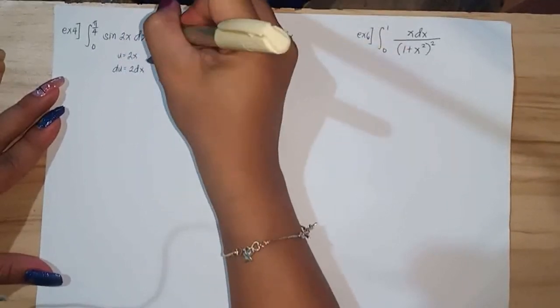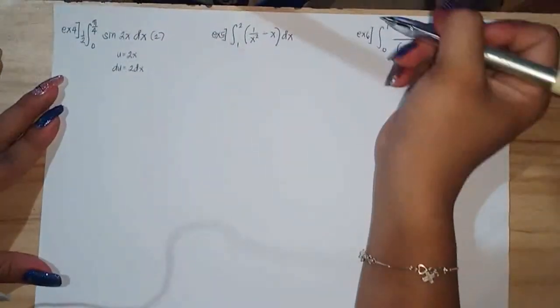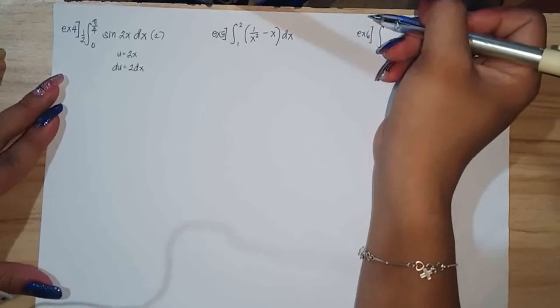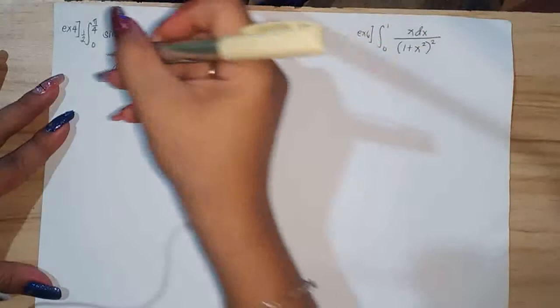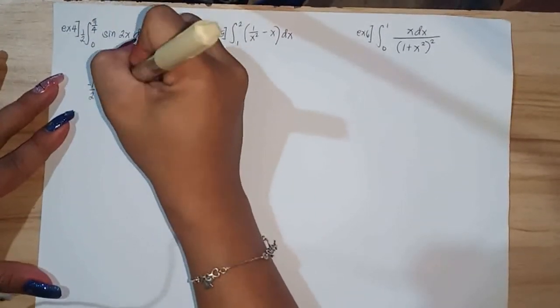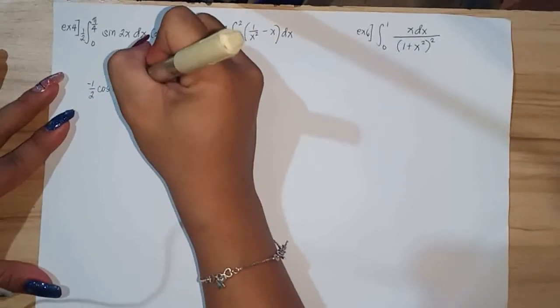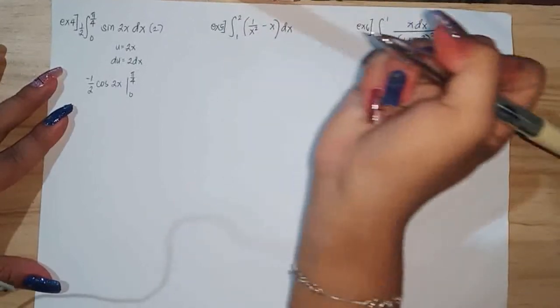So I need to insert 2, then balance by 1/2. Then you will have sine u du, wherein the integral of sine u du is negative of cosine u. So you will have -1/2 of the cosine of 2x, wherein the limits is from 0 to pi over 4.